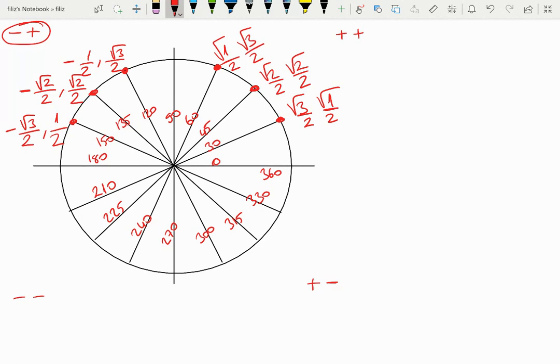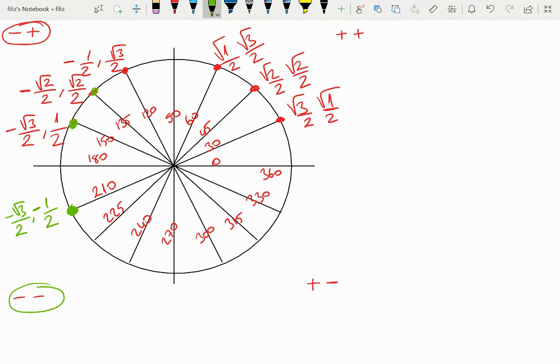Okay. Similarly, this one, let me use different color. And this one same. Only difference is signs. Both of them negative. Why? Because we are in the third quadrant. And both of them are negative.